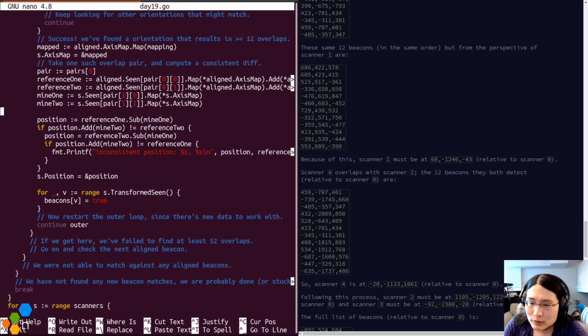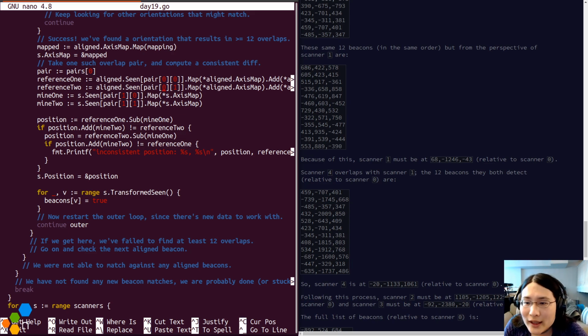So yeah, the problem is in either this code here, where the mapping is wrong, or the problem is the subtraction. The subtraction worked fine before. So I have the absolute coordinate, but having the absolute coordinate is not enough.